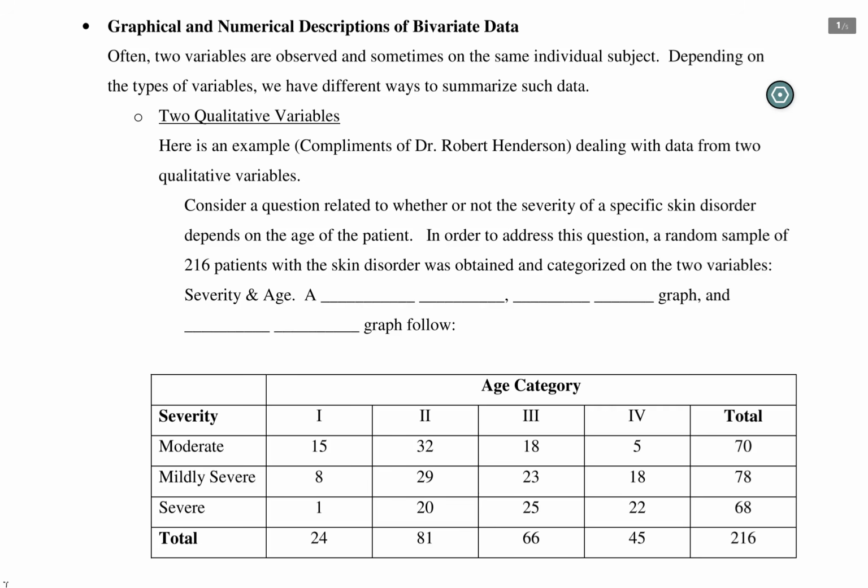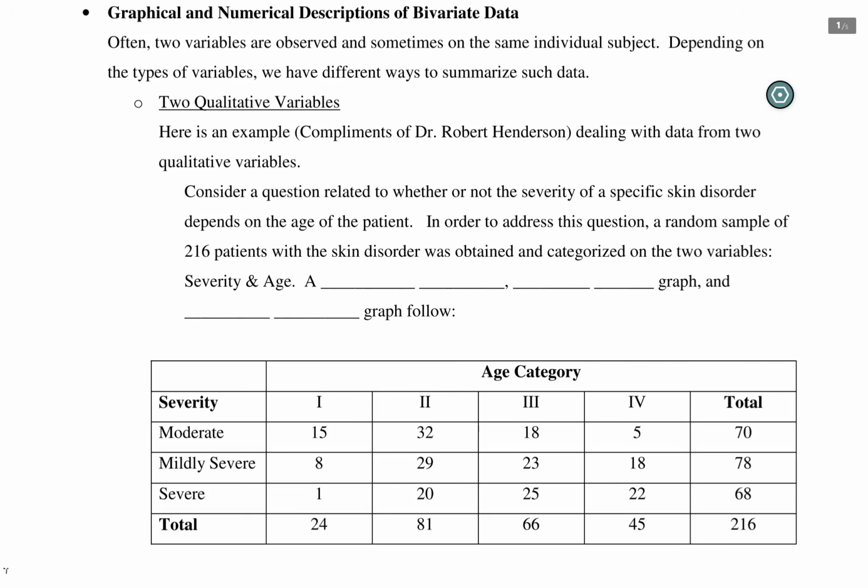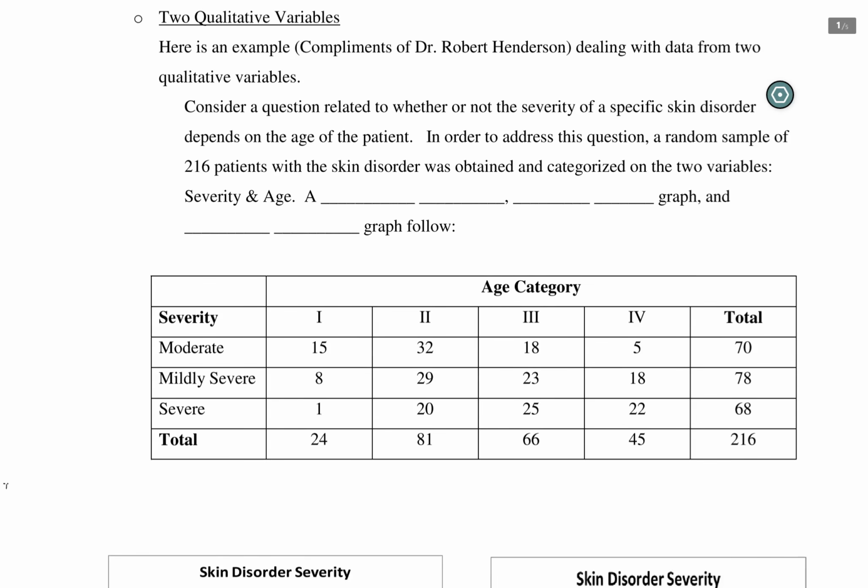Here's an example, compliments of Dr. Robert Henderson, dealing with data from two qualitative variables. The two qualitative variables are the age category of a person and the severity of his or her skin disorder.